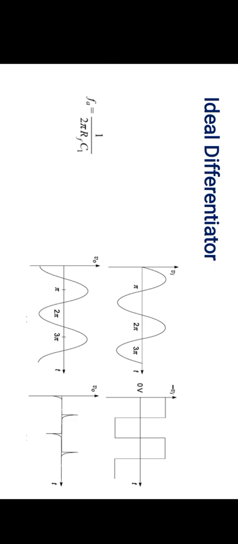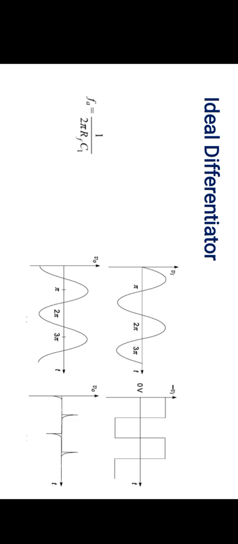A good differentiator may be designed as per the following steps. Choose Fa equal to the highest frequency of the input signal. Assume a practical value of C1 and then calculate RF. Choose Fb equal to 10 into Fa.